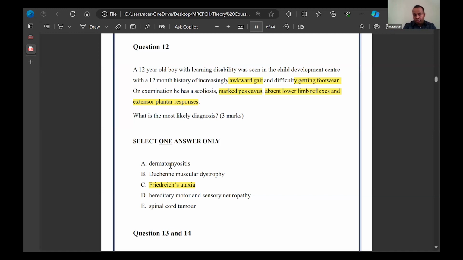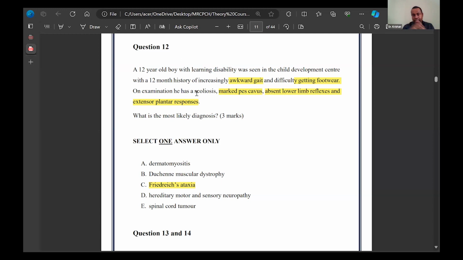Then Duchenne muscular dystrophy, right? Again, the presentation is similar to myopathies, waddling gait, positive Gowers sign, calf hypertrophy. It's very unlikely for a Duchenne child to present at 12 years because they present at around 3 to 5 years of age. Then hereditary motor sensory neuropathy will not cause all these manifestations explained in this question.